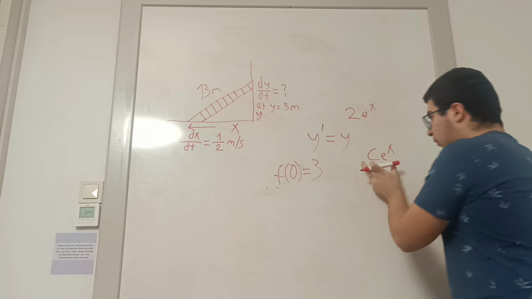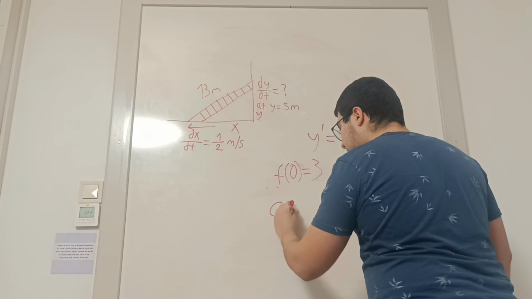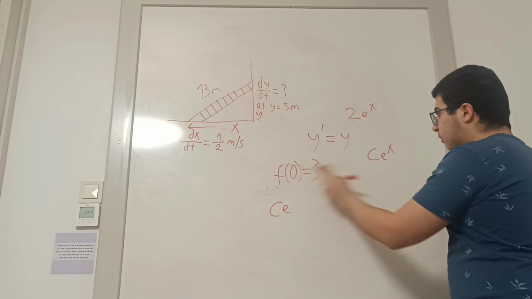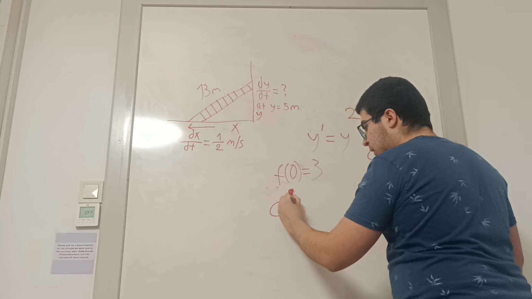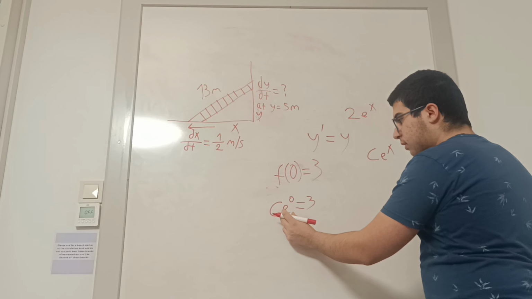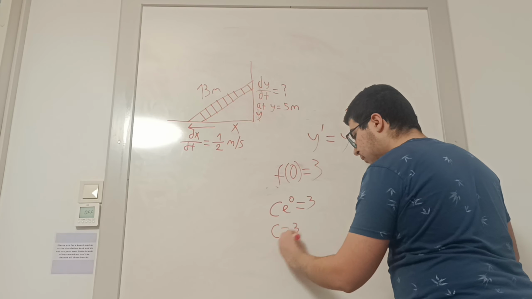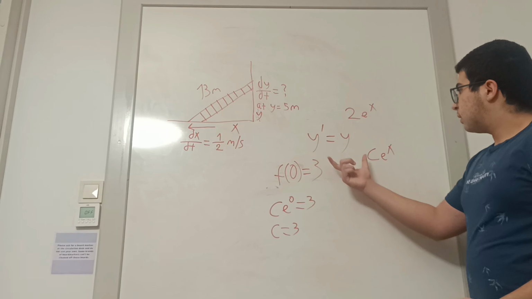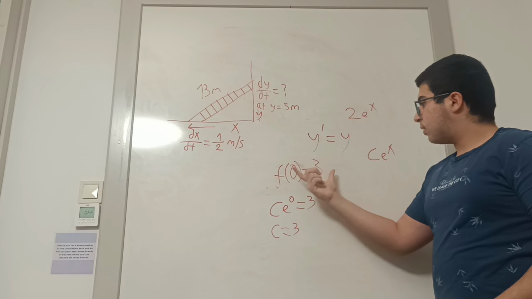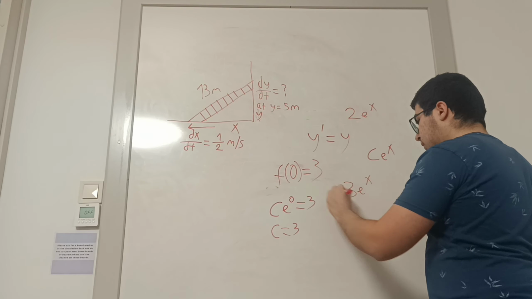So in this general solution, we plug in 0 for x: c e to the 0 is equal to 3, e to the 0 is 1, and c is 3. So the solution of this differential equation with this initial condition is 3 e to the x.